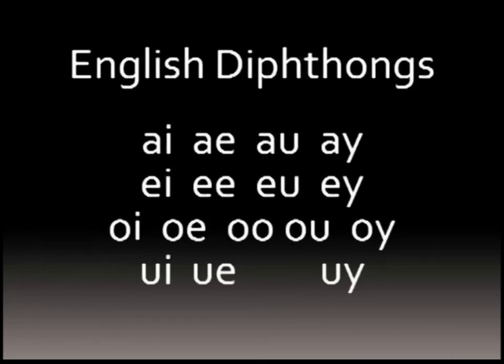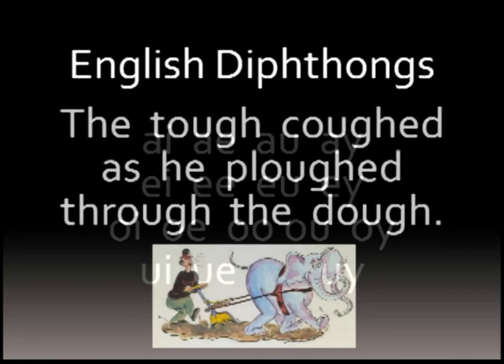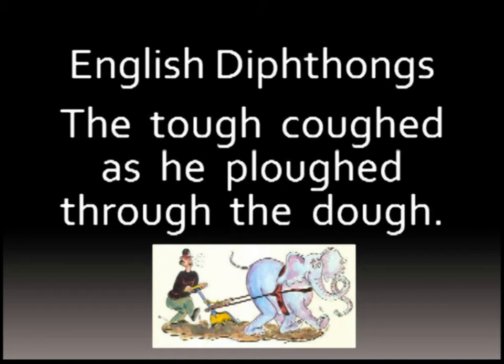We have an AI diphthong, AE, AU, AY, EI, EE, EU, EY, OI, OE, OO, OU, OY, UI, UE, and UY. Instead of 7 diphthongs in Greek, there are 16 diphthongs in English. And just to give you some idea of the difficulty, many of these diphthongs are pronounced different ways, as illustrated by this Dr. Seuss sentence that tells you all the different ways of pronouncing the OU diphthong in English.